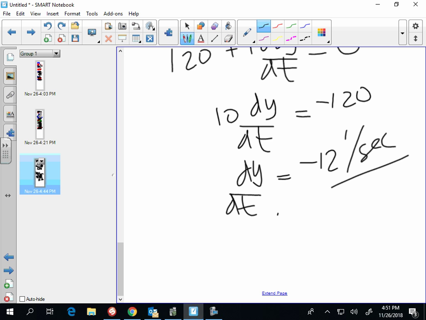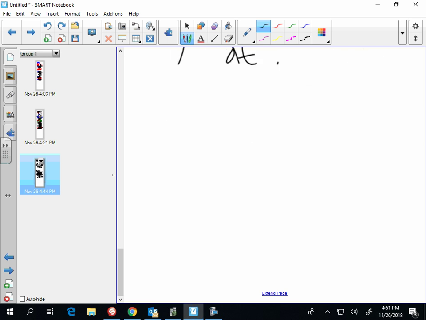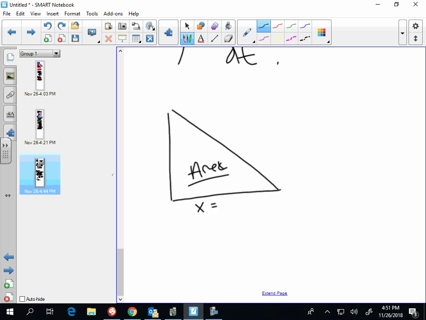Okay, part B. That was part A. Part B is a little different. How fast is the area of the triangle formed by the ladder, the ground, and the wall changing at that same instant? Well, remember, x was 12, and dx/dt was equal to 5.